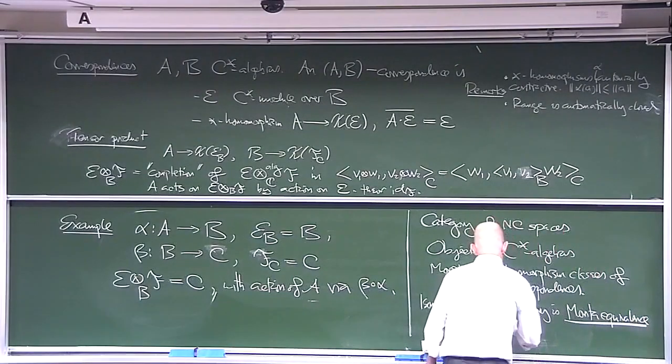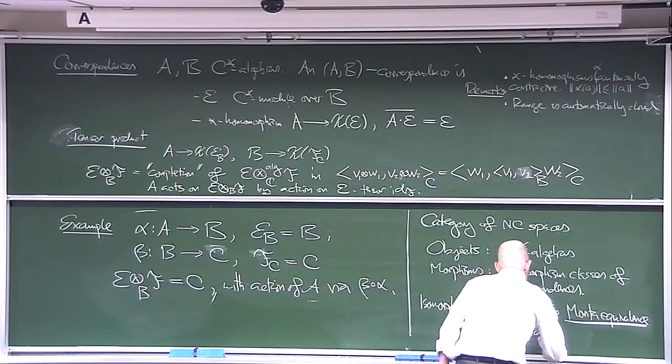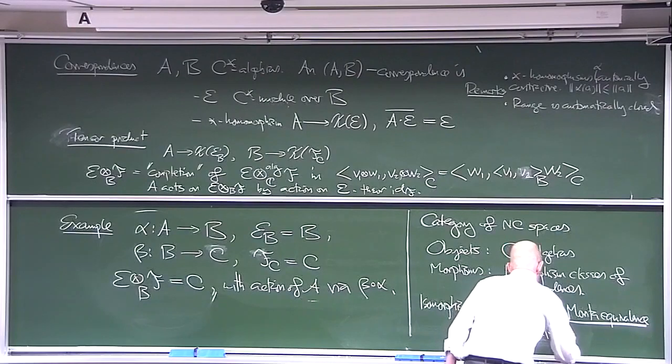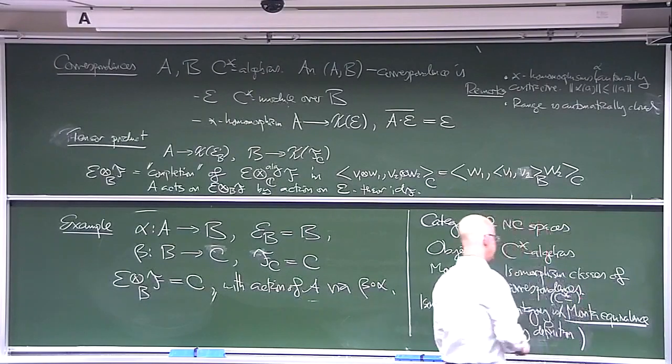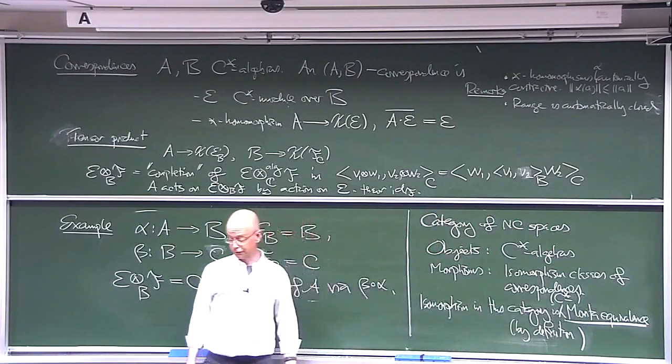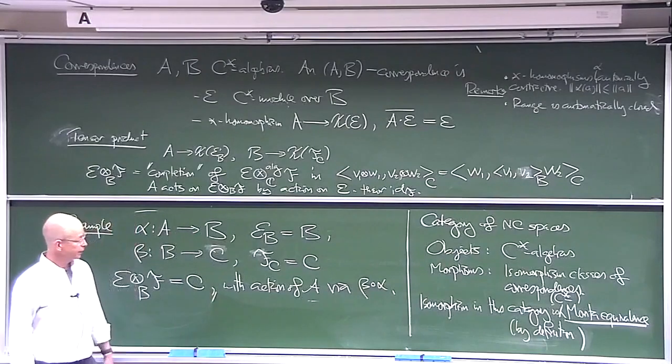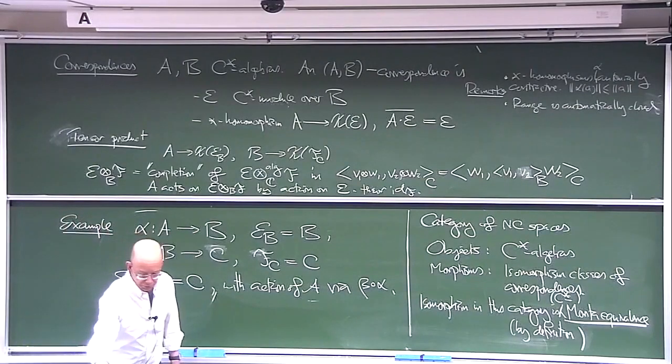So that's the definition. There's already a notion of Morita equivalence, for example, for rings with units. Here let's call it C-star Morita equivalence.